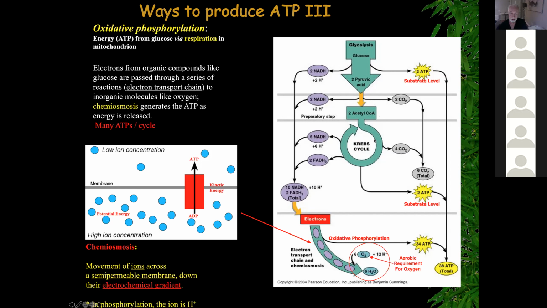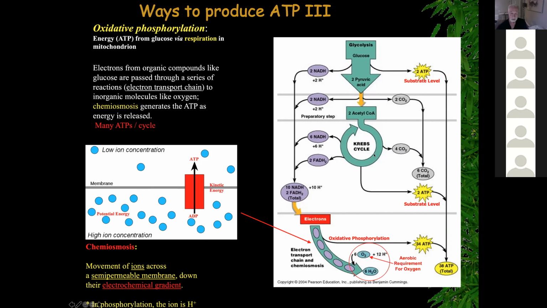Then the Krebs cycle is activated and it turns. I'll show you the steps in this cycle. And as it does, it generates a lot more NADH and another electron carrier called FADH2.